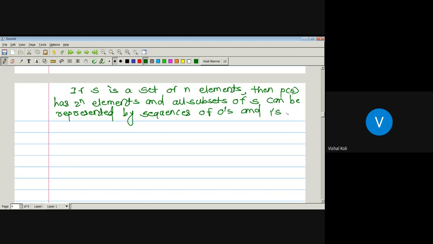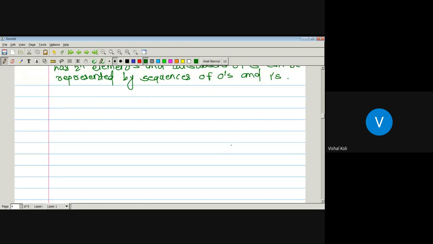It means, for example, suppose S is a set which contains 3 elements, whatever they will be, A, B, C. Then the power set of S has 2 raised to n elements, it means 8 elements, and these 8 elements can be represented by means of a sequence of zeros and ones.